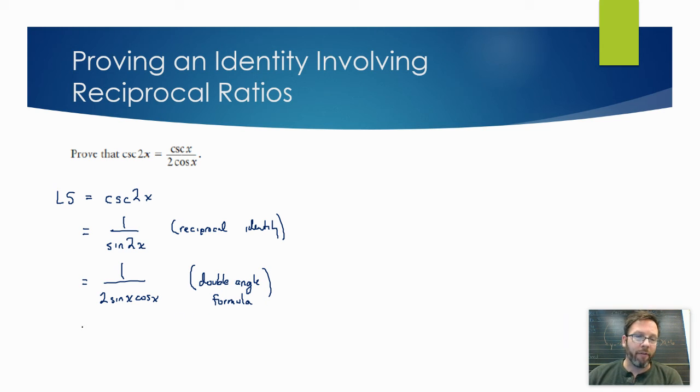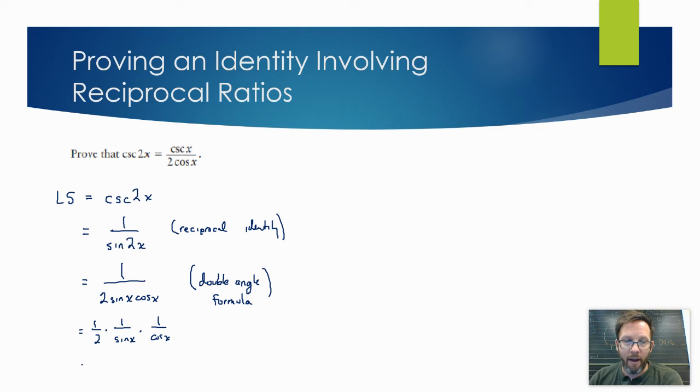And now I'm going to break this up into 1/2 times 1 over sine x times 1 over cosine x. And if you look at each of those terms, 1 over sine x and 1 over cosine x, they are reciprocals. But look at our right-hand side. We've got a 2 on the bottom. We've got a cosine x on the bottom.